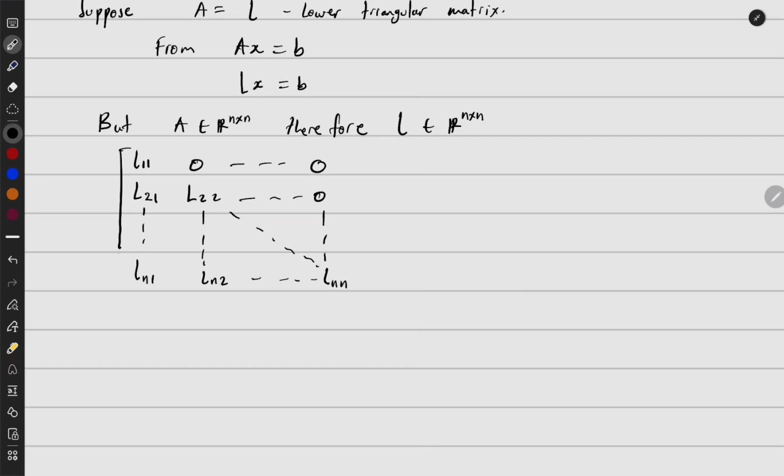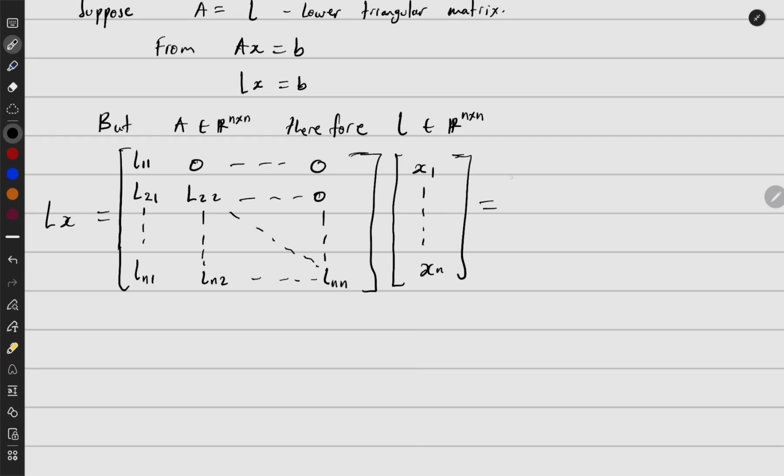The ones in the diagonals are okay, but the ones up above the diagonal are zeros. And if this is LX, then this is X1 up to XN, and this is equal to B, this is B1 up to Bn.